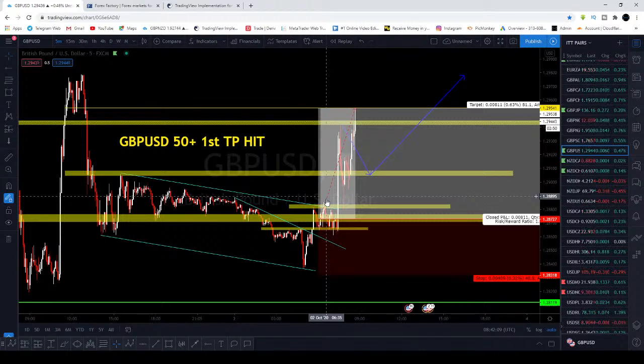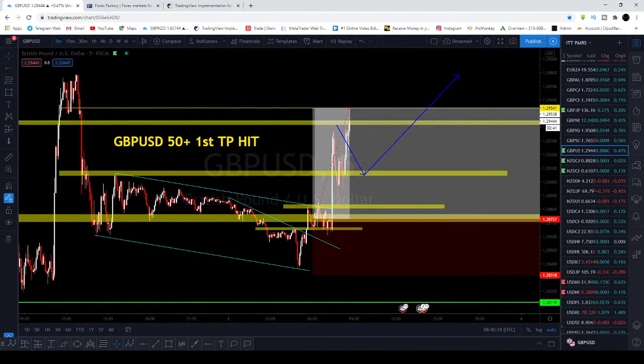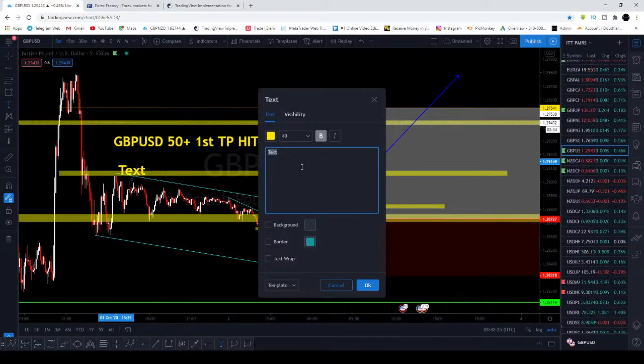Why is my broker messing up like this, man? Of course, we have a final take profit hit right here. So GBP USD hit. So that's all about it, man. That's 81 pips, final TP.